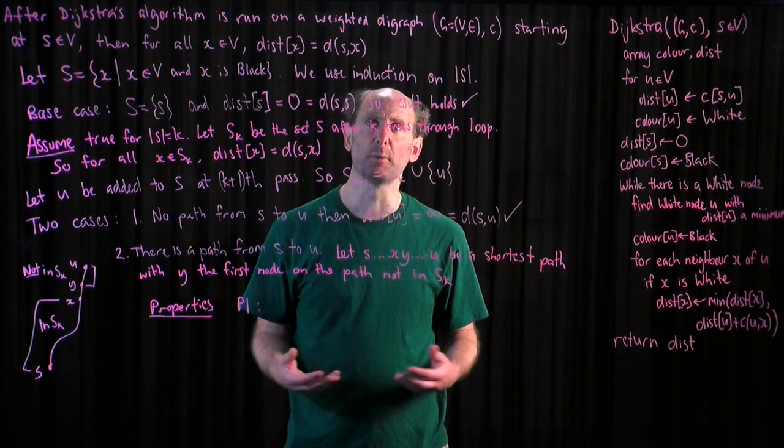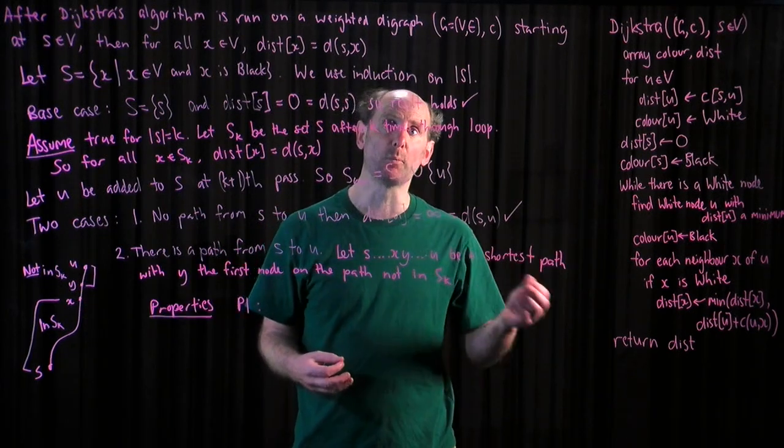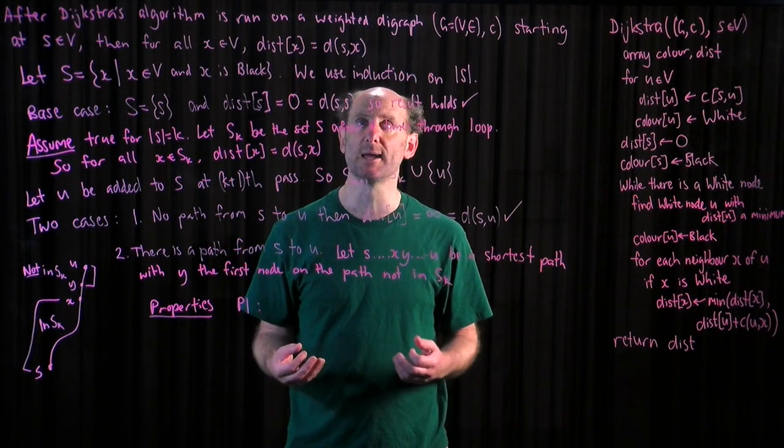So the first property comes from the fact that all arc weights in the digraph are non-negative.